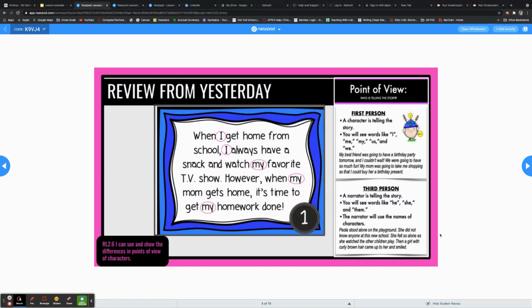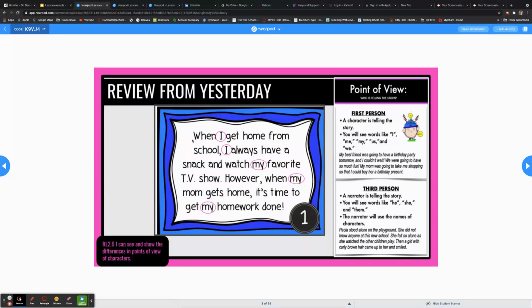She felt so alone as she watched the other children play. Then a girl with curly brown hair came up to her and smiled. Now that is third person. If I wanted to make it even harder, I could even try to change it to a different point of view. But right now, we're just reviewing what we've talked about so far up to this point.